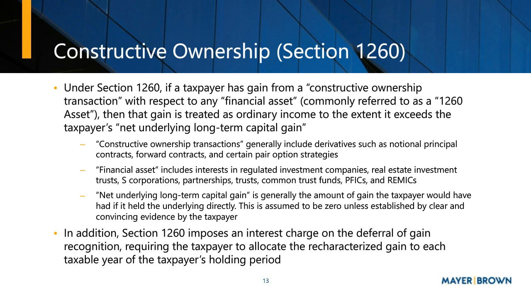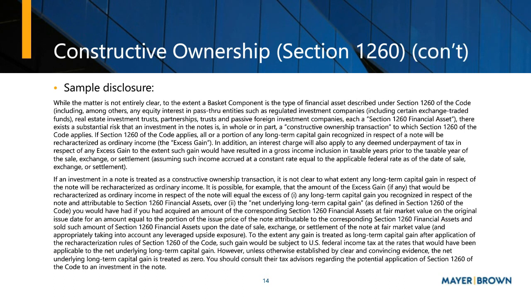I think what you see in the market on this topic is that it is essentially disclosed out. You see there a sample disclosure where essentially issuers are saying, look, this is not an area of the law that's entirely clear. There's a risk.